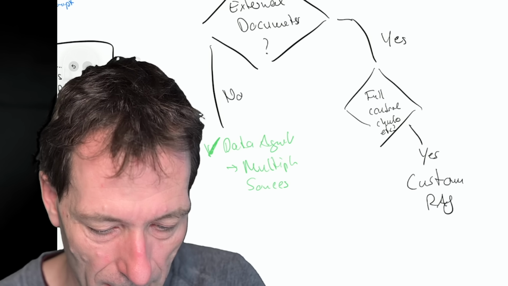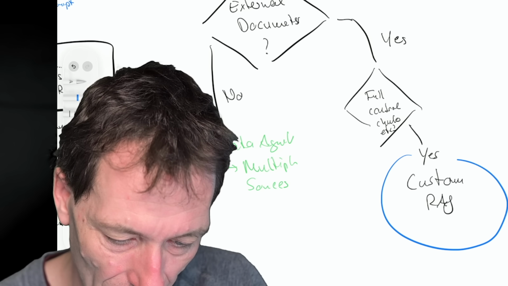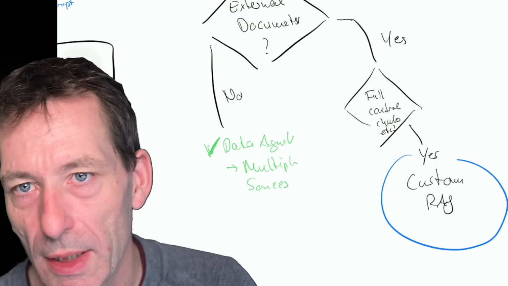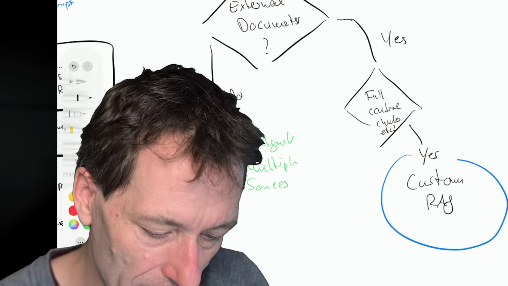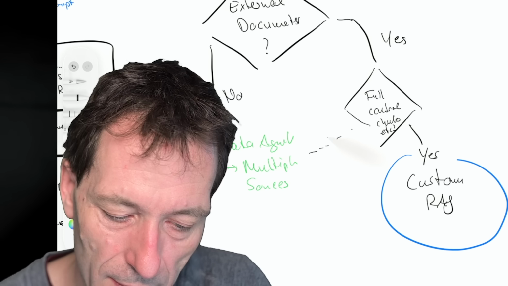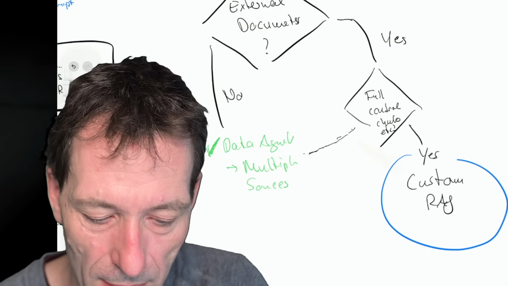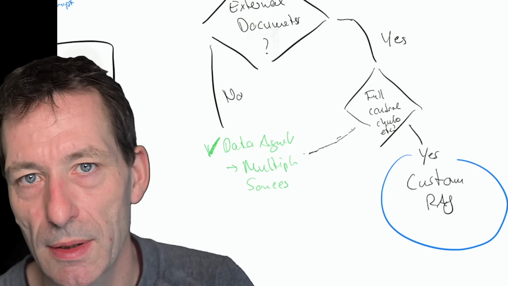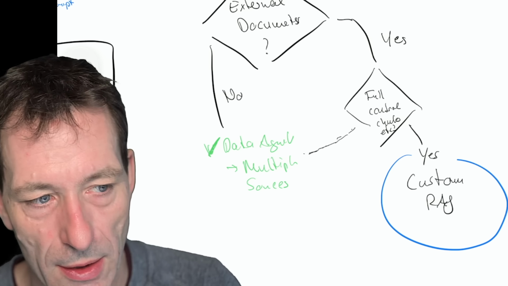So this is like build your own data agent. And you say no, I don't need any kind of control. There might be a chance that you can make the data still available in Fabric. And if that is possible, then you still can use data agent.